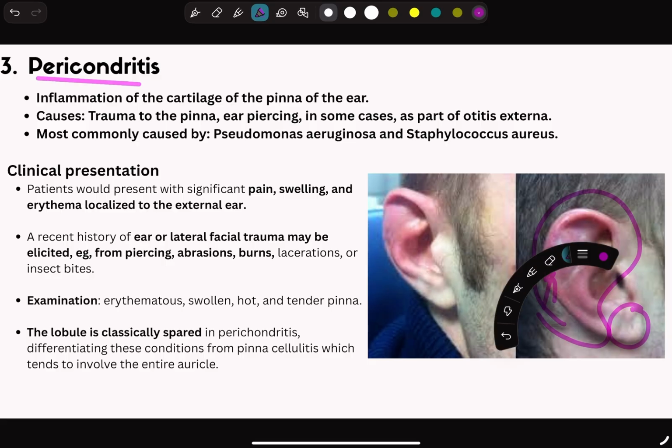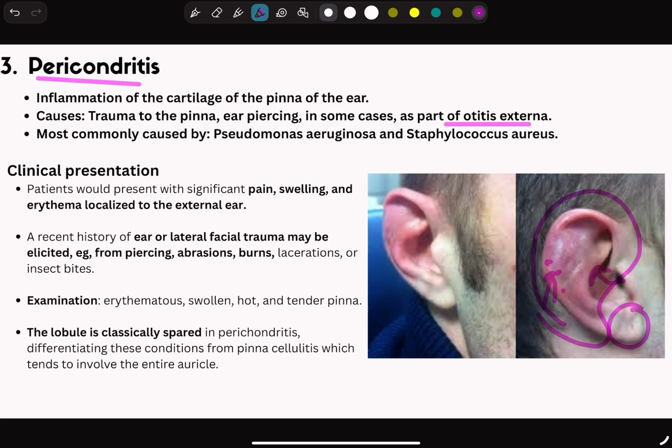Sometimes a trauma to the ear will cause a collection of blood between the skin and the cartilage, and if it's not drained right away, the patient will have infection of the cartilage. Sometimes patients who have high ear piercing introduce bacteria to the cartilage and it causes infection. Sometimes it's part of otitis externa, especially if it's extensive, it can cause inflammation of the cartilage.